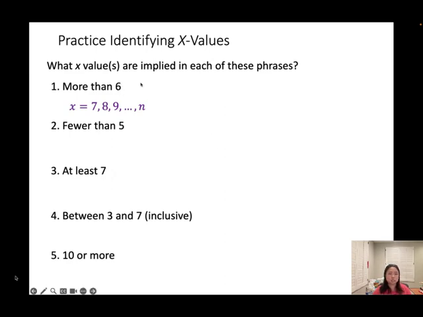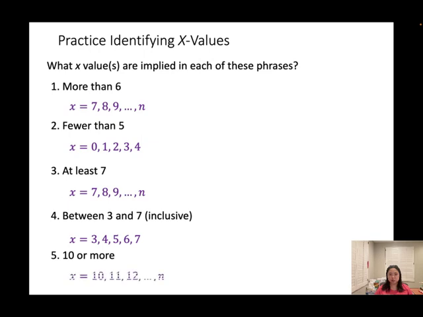Fewer than 5 means x equal to 0, 1, 2, 3, 4. At least 7 means x equal to 7, 8, 9, until n. Number 4, between 3 and 7, that's including 3 to 7. 10 or more means 10, 11, 12, until n.